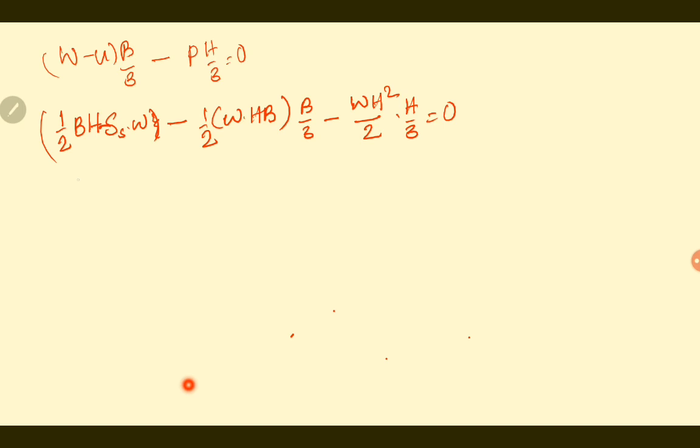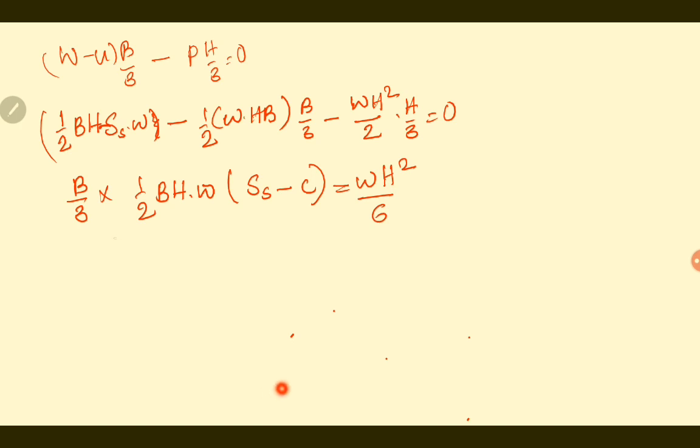Now you can rearrange this equation as B by 3 into half into B H into W into S S minus C is equal to W H square by 6.